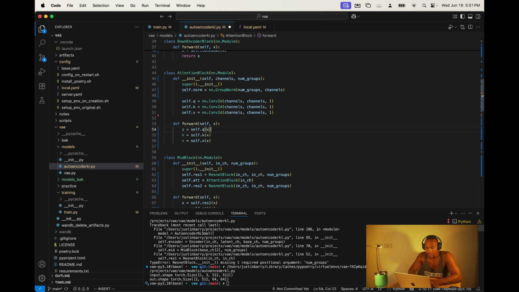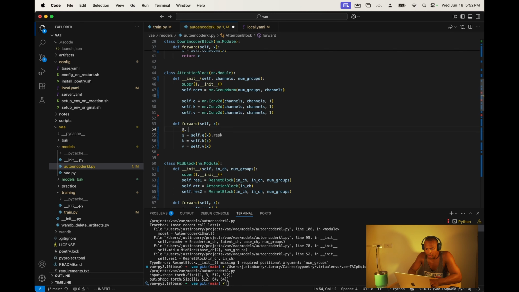So the query, key, and the value. So first of all, let me get B, C, H, W. Okay, now we're going to reshape this tensor into B, C, H times W.